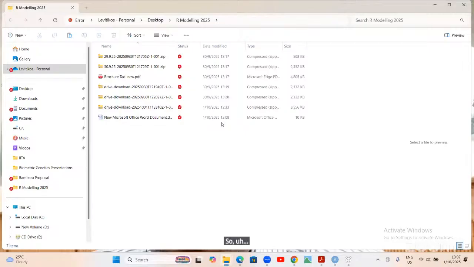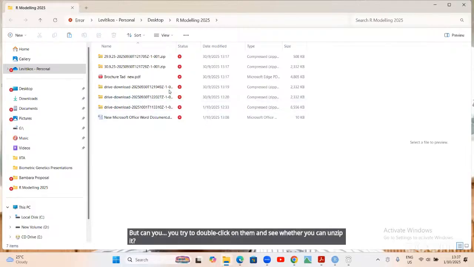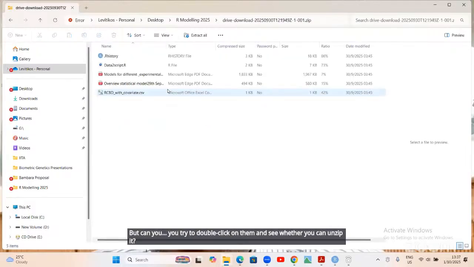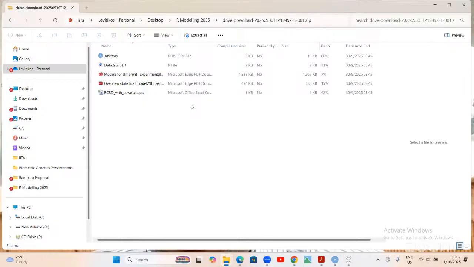But can you try to double click on them and see whether you can unzip it? Can you double click on that and try to open that and see? This RCBD. Yes.